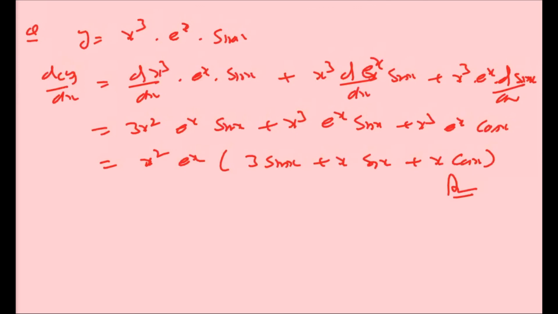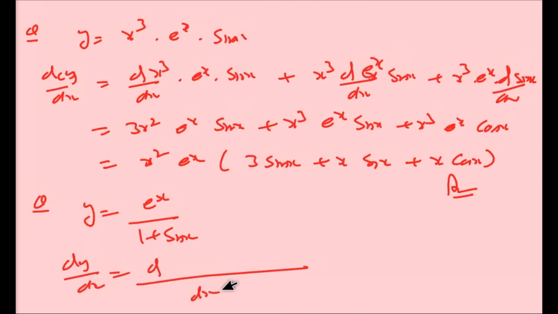Okay student, now I am going to tell you some questions on the quotient rule. I have already described the quotient rule in the previous video. Here is a question: e to the power x upon 1 plus sine x. What is the formula for differentiating this with respect to x? You can see it has a numerator and a denominator.